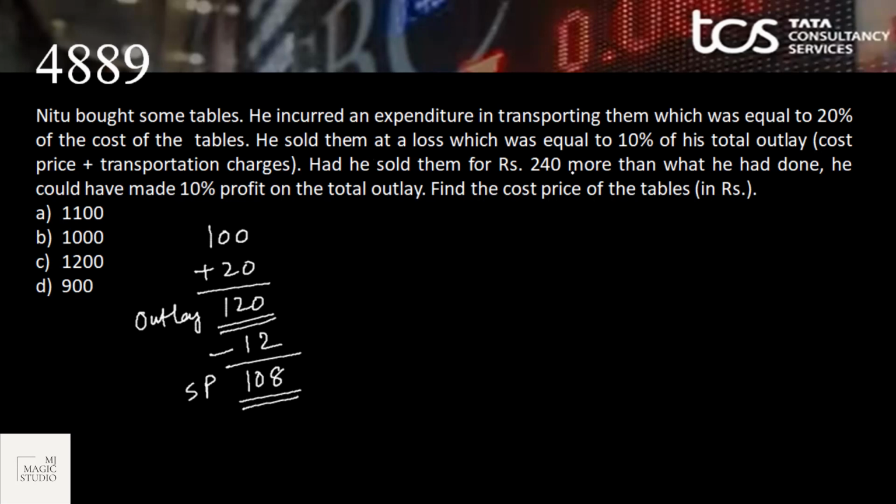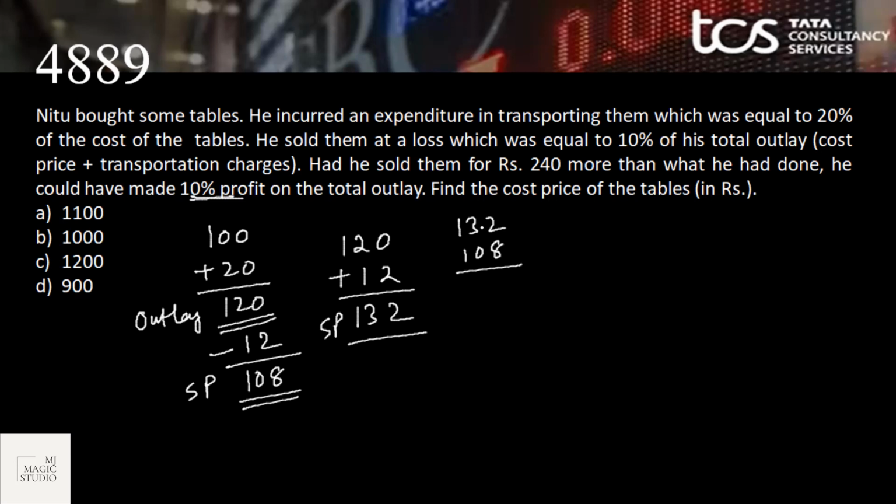Now had he sold them for rupees 240 more than what he had done, he could have made 10% profit on the total outlay. So if outlay is 120, 10% profit means his selling price now is 132. Now the difference between these two selling prices is how much? 24. Now it is given that 24 is equivalent to 240.